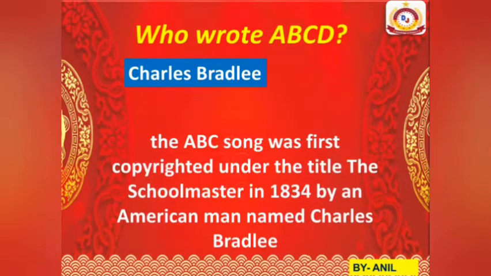He was a schoolmaster, a teacher, in the period of 1834, and he gave the alphabets a new way, new shape, new tone. So he displayed exactly the ways of writing the alphabets.